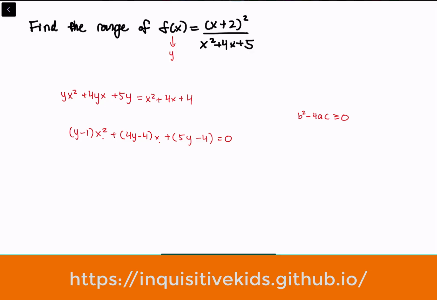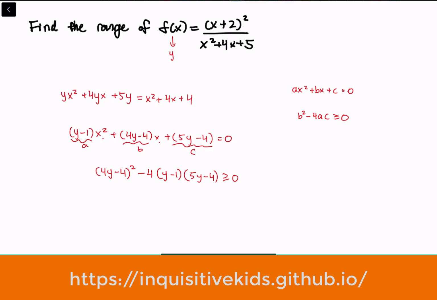And here, the B, the A, and the C we're talking about is referring to this form. So in this case, B, which is the coefficient of our x term, is equal to 4y minus 4, squared, minus 4 times A times C. This must be greater or equal to 0.